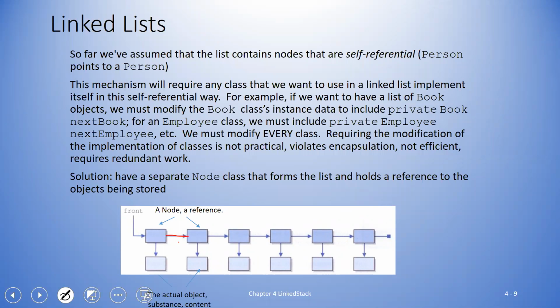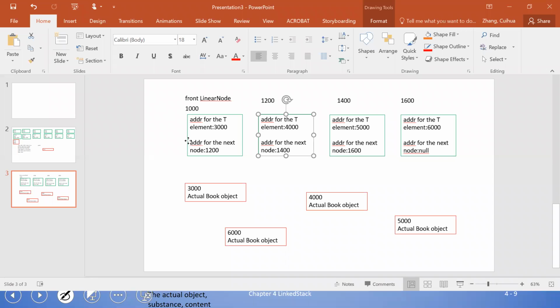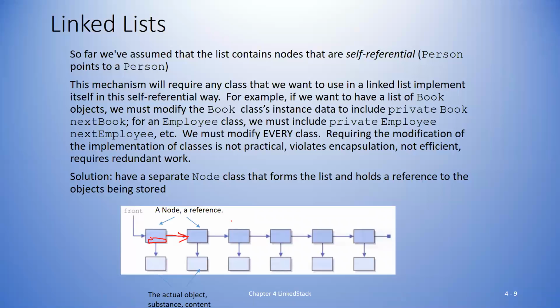But that pointing simply means it has an address that points to it. That's what I was trying to show you here. When you implement it, it's actually an address for the next one. And this is pointing here. That's the actual T element, and that's actually the address for that element.